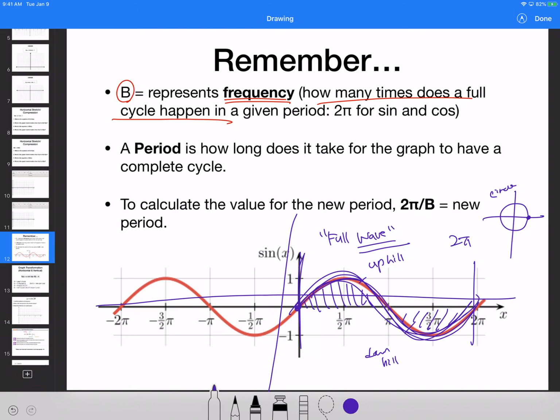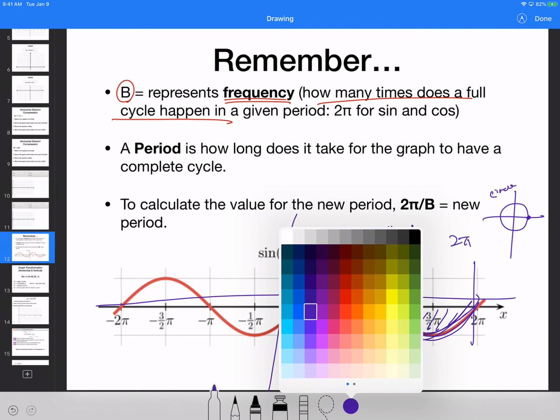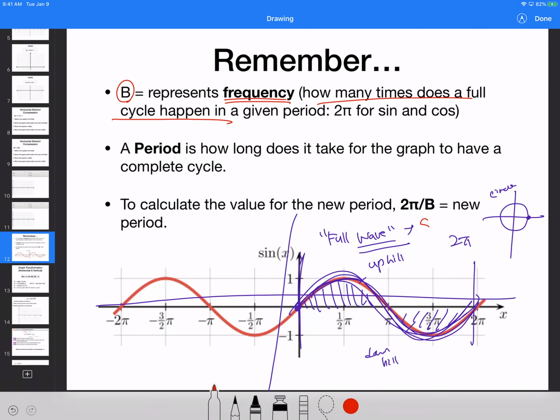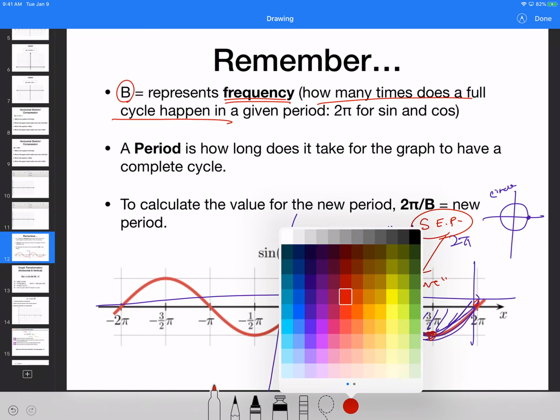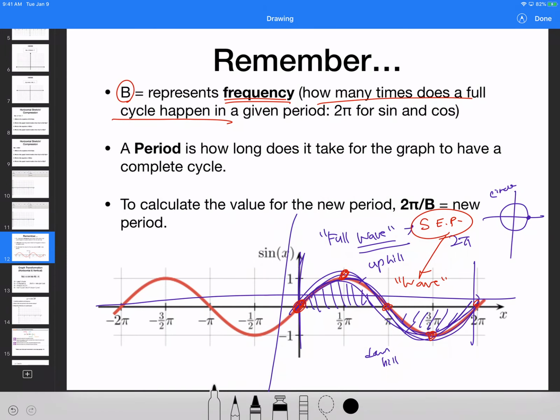Okay? So you see that in one full wave, that is also talking about those five essential points that we're talking about: 0, 1, 0, -1, 0. Those 5 points always come together to create one full wave. So a frequency is how many times it happens, in a 2 pi frame.